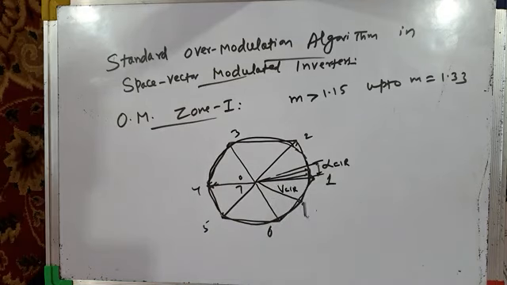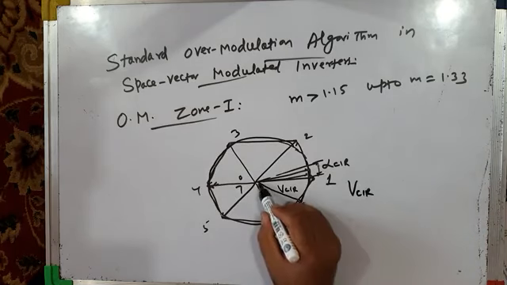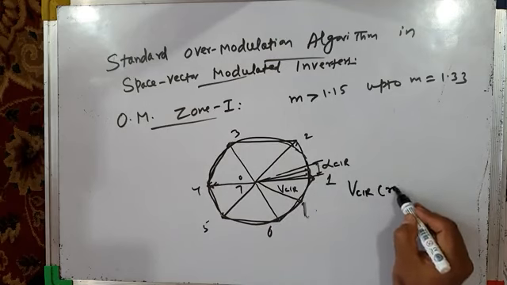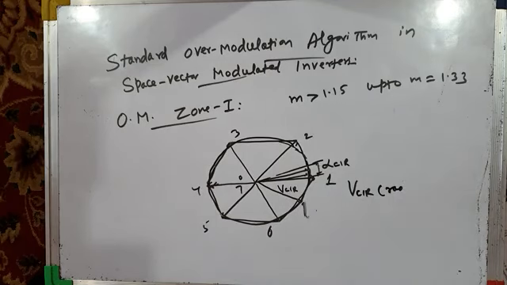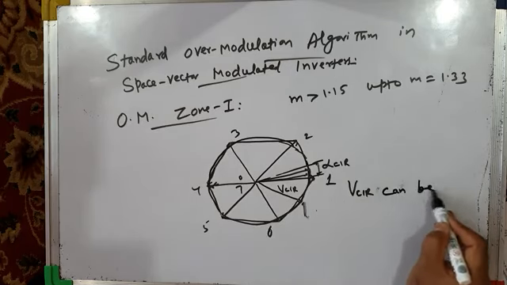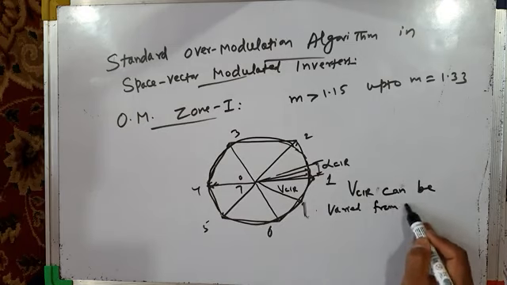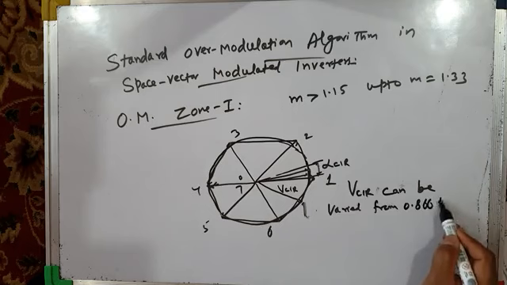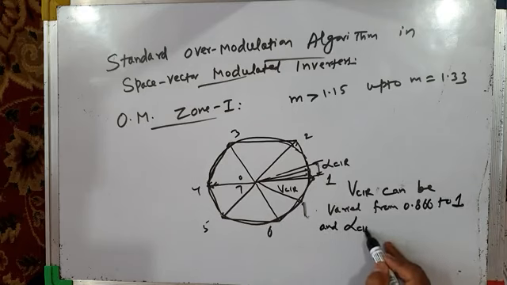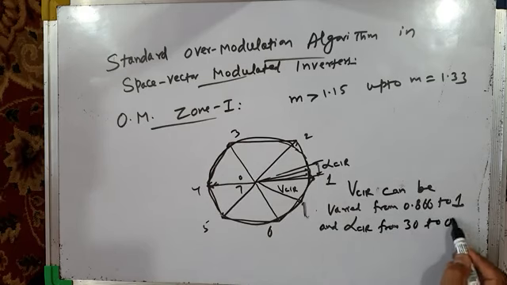And it has been found that V CIR, that is the magnitude of reference vector V circle, can be varied from 0.866 to 1, and alpha circular can be varied from 30 degrees to 0 degree.